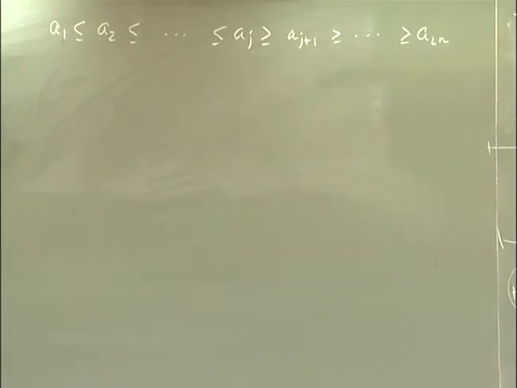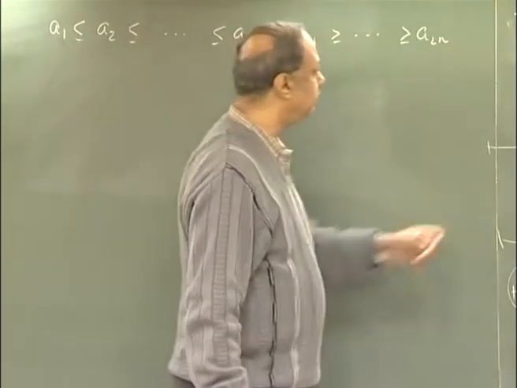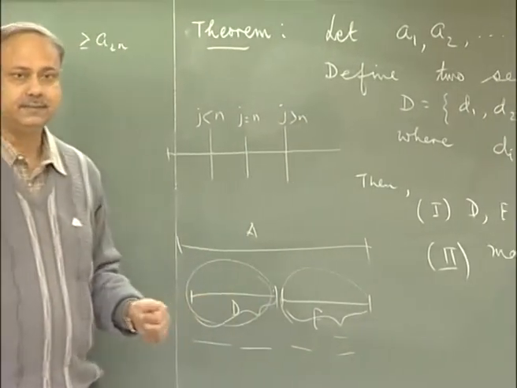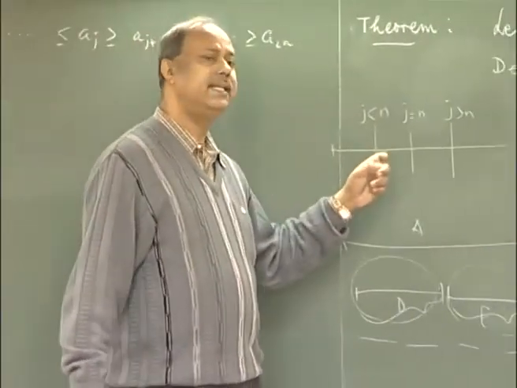Second, j can be less than equals to n, or j can be greater than n.